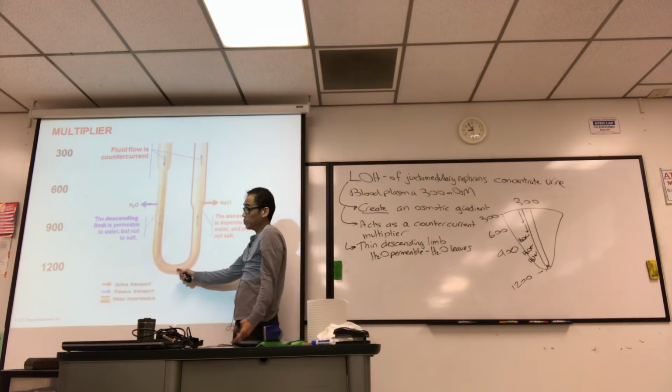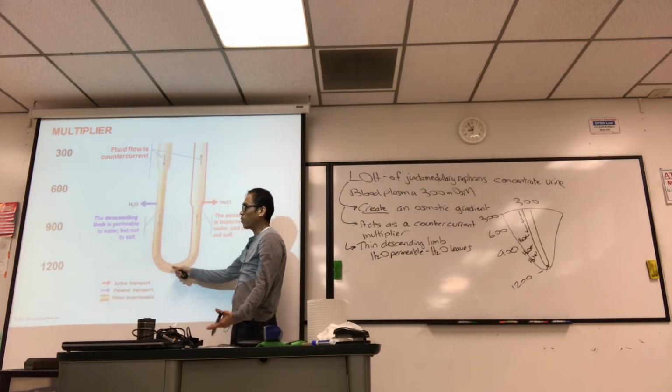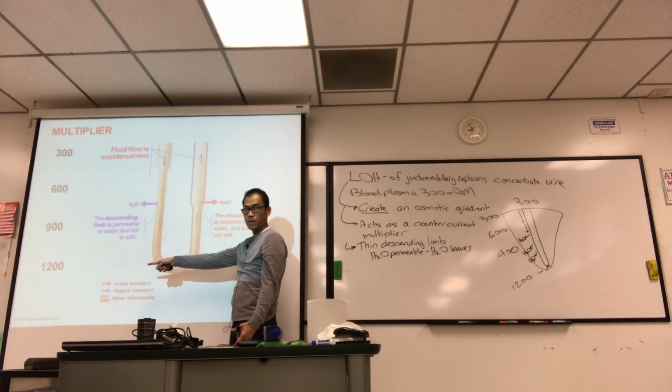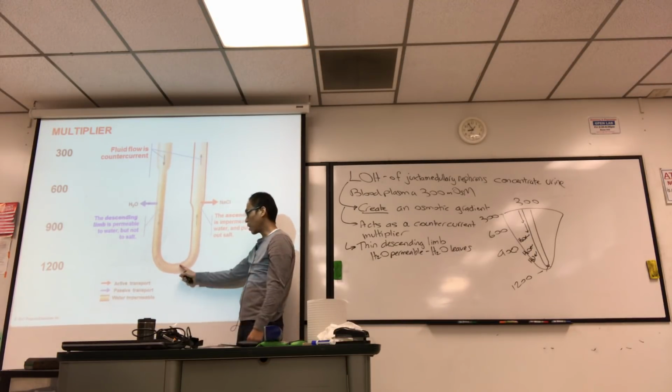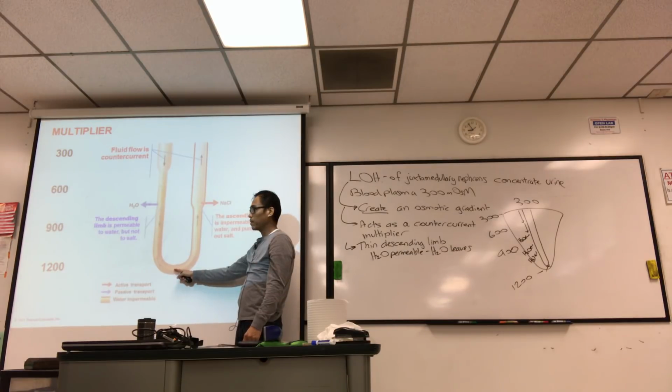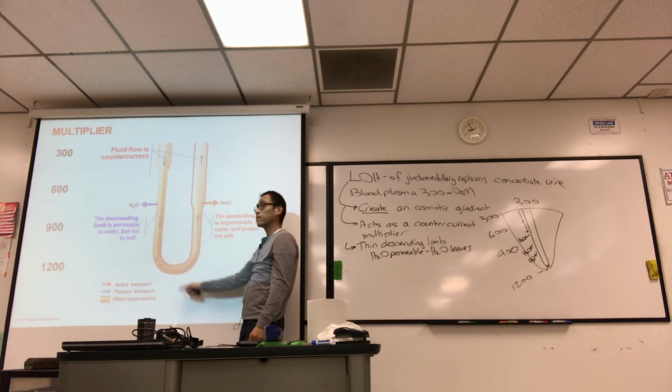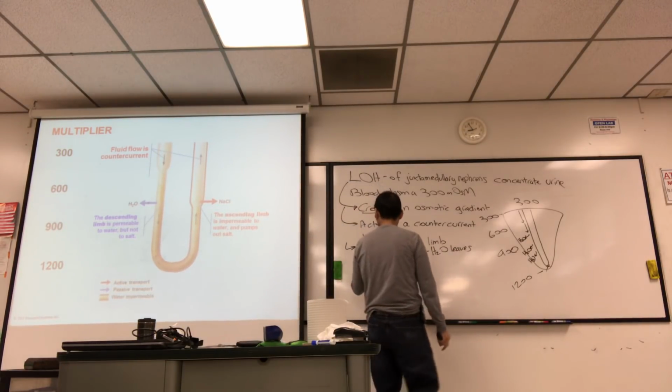At the elbow, you can assume you're equilibrating with the interstitium. So that having been said, what's the concentration here? 1200. Right? So I guess you could note that. Filtrate concentration.